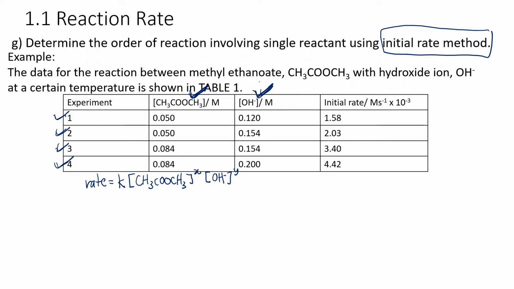After you have written the general rate law, you can determine the order with respect to each of the species. For example, if you want to find x, the order with respect to CH3COOCH3, then you must make sure the concentration of the other species, here the OH minus, remains constant.